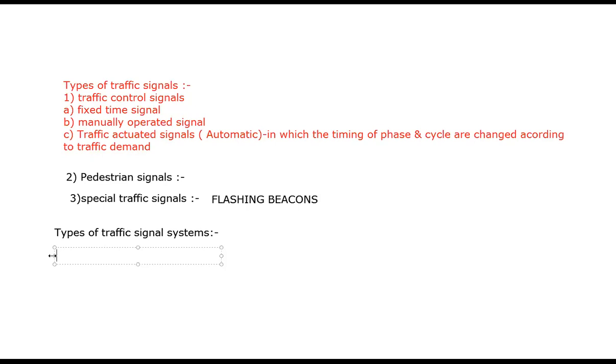So there are 4 types of traffic signal system. The first one is a simultaneous system.